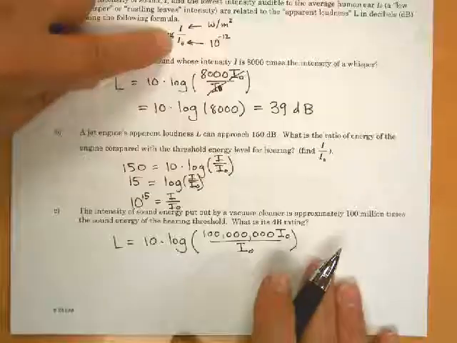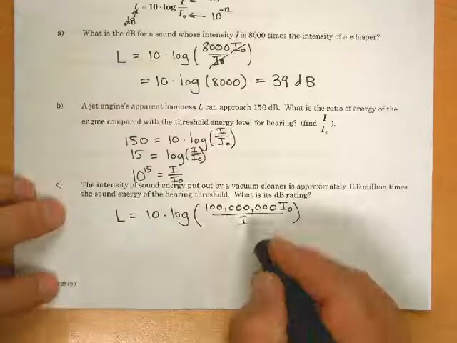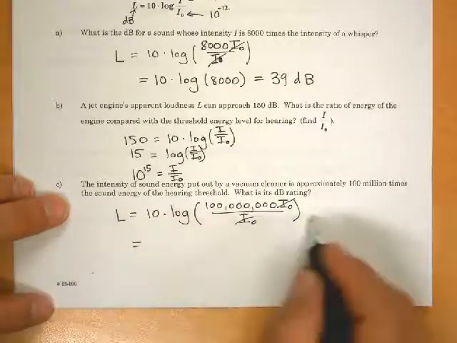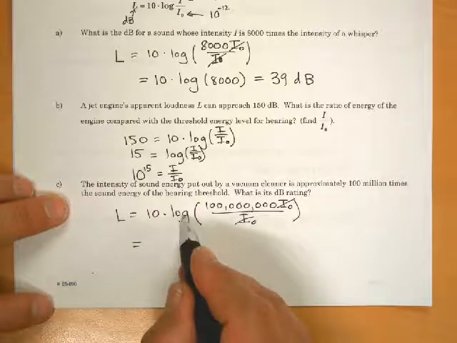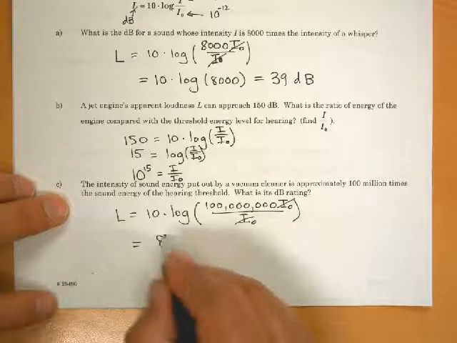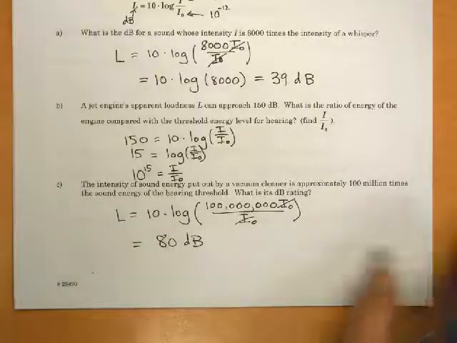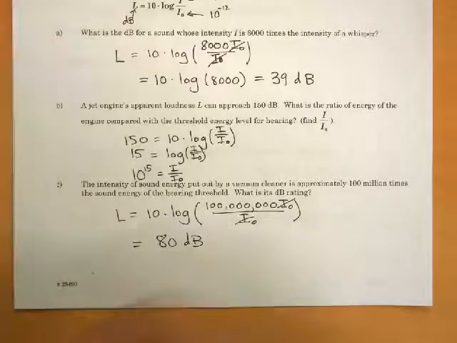You can see that right up here, which then makes this cancel. And if you type all this in, 10 times the common log of 100 million, you get 80 decibels of sound. So that's that for page 3 of the notes.